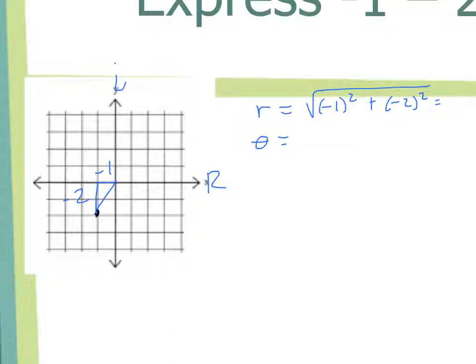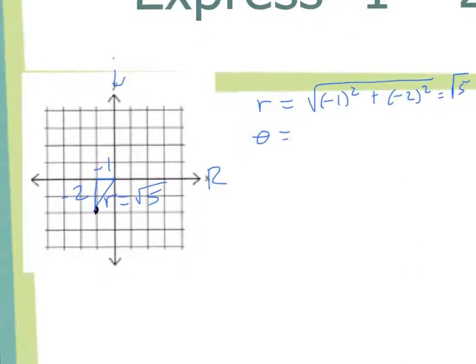Let me finish this off first and see if we get 1 plus 4. So we've got the square root of 5. That goes right in this diagram: there's r as the square root of 5.